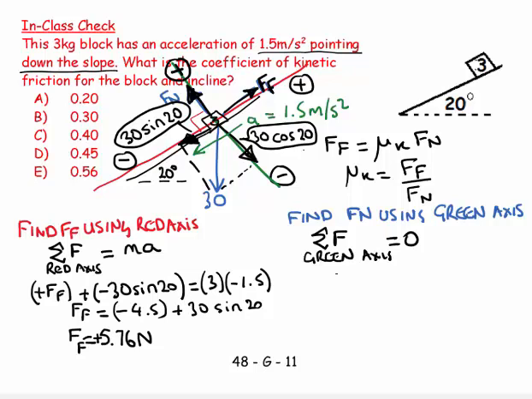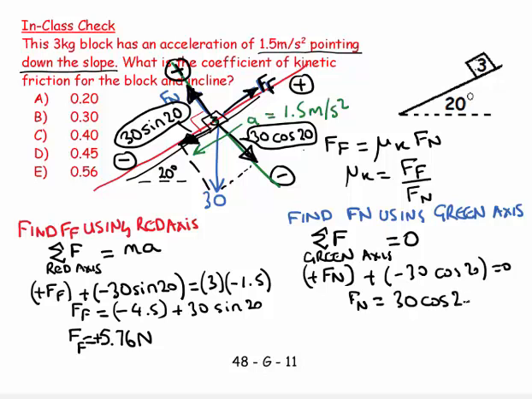But you know, the answer is it's 0, so we say plus Fn added to minus 30 cosine 20 is equal to 0, so Fn is equal to 30 cosine 20. If I get my calculator and go 30 cosine 20, I get 28.19. Fn equals 28.19 newtons.